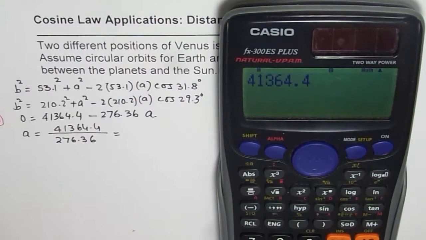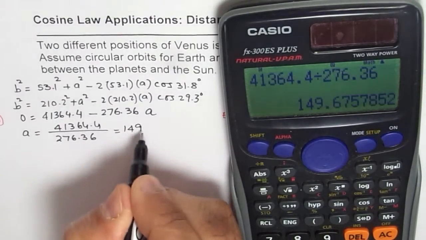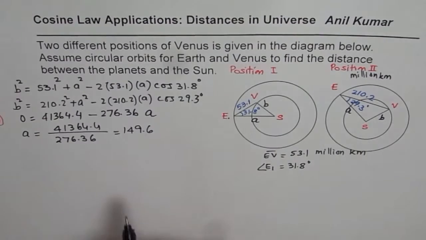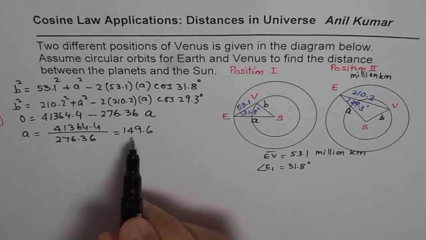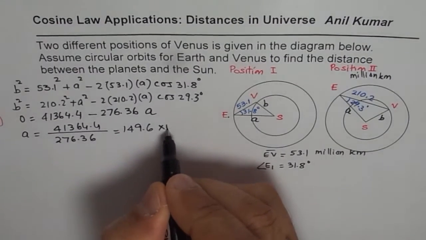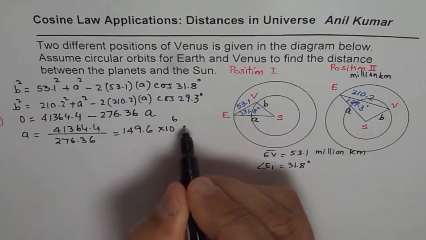That gives us 149.6 million kilometers, where million is 10 raised to power 6.